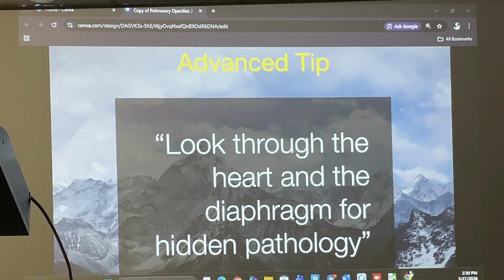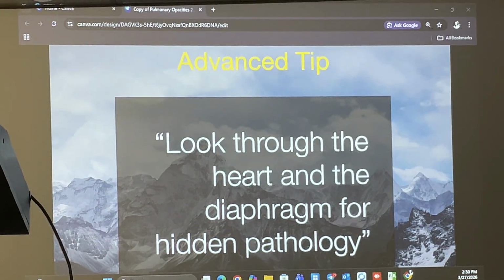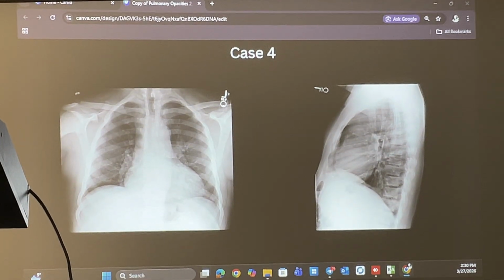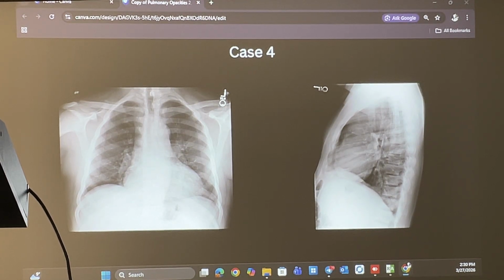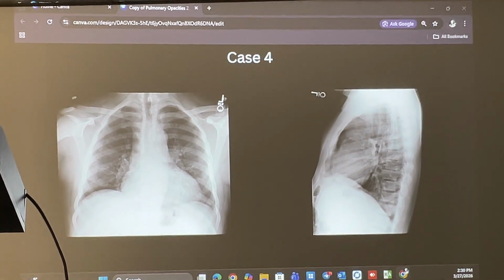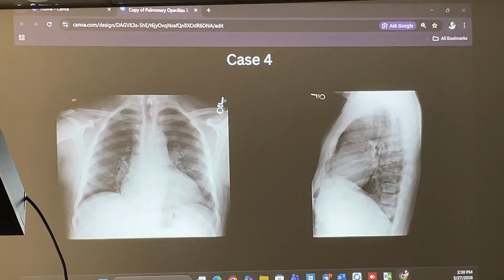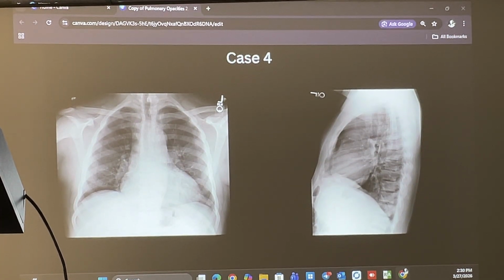Now, look at the hidden areas, the heart and the diaphragm, for hidden pathology. Cardiomegaly? What if there is consolidation behind the heart and you cannot evaluate the heart size itself?